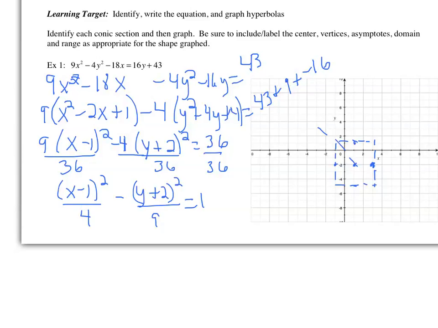And so we draw our asymptotes, and then this has to approach the asymptotes, and it's going to be in the x direction, just like that. Not quite just like that, but anyway, so our vertices would be, let's see, 3, -2, and -1, -2.